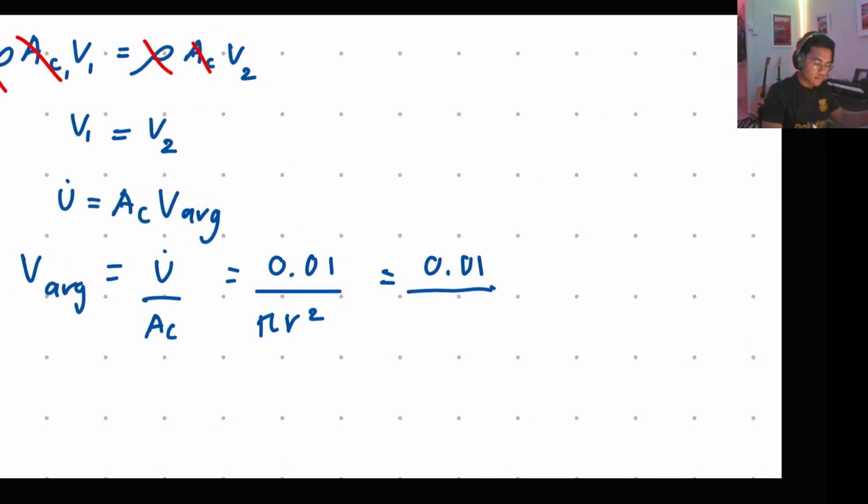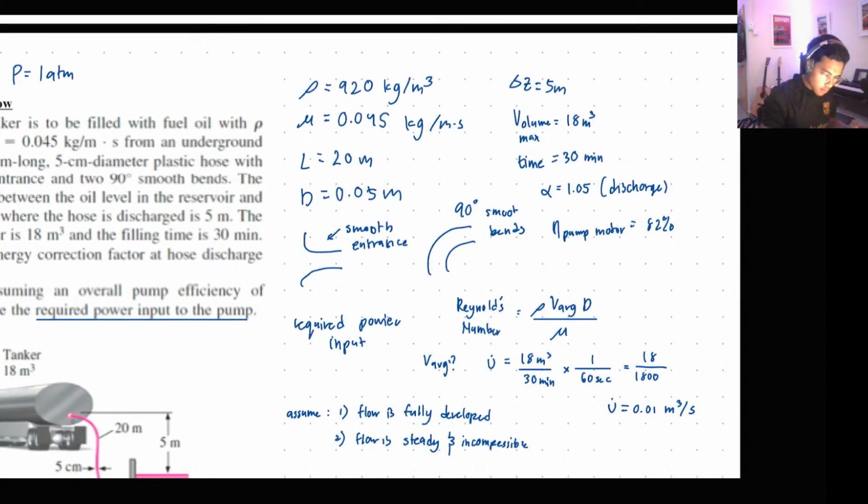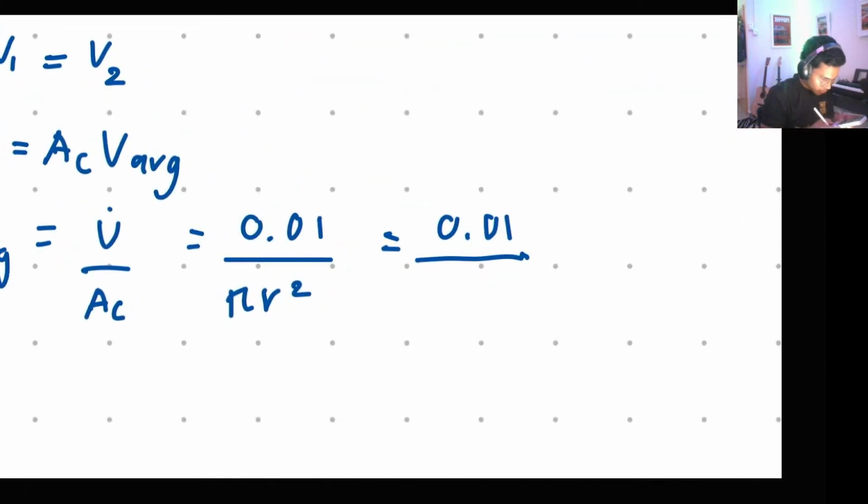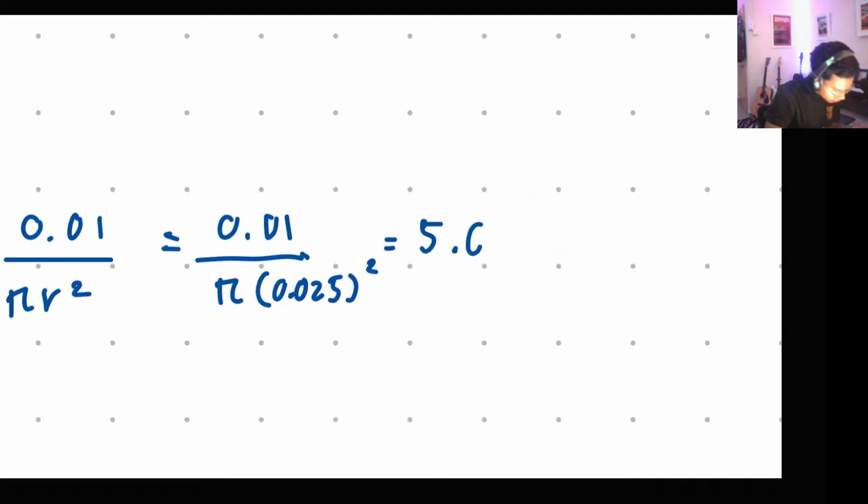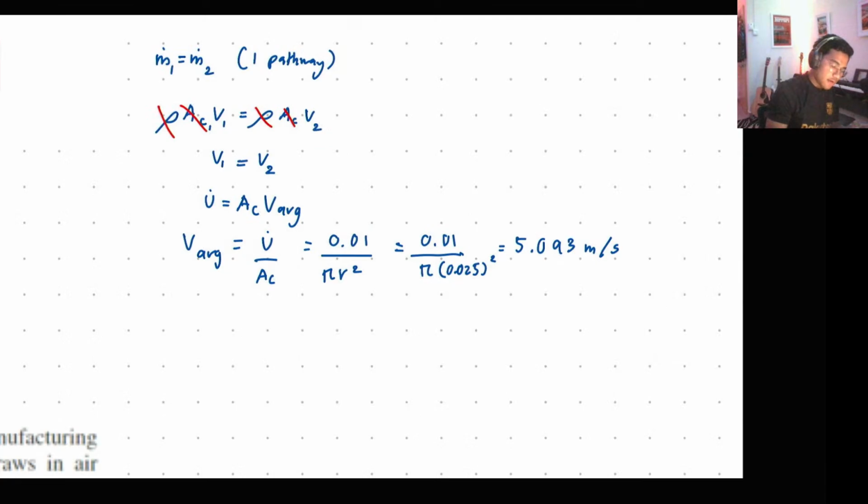Pi times 0.025 squared gives us 5.093 meter per second. This is our V average.